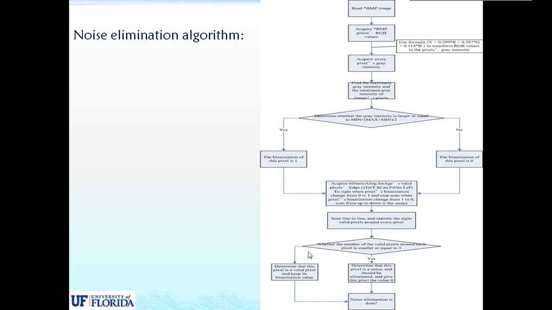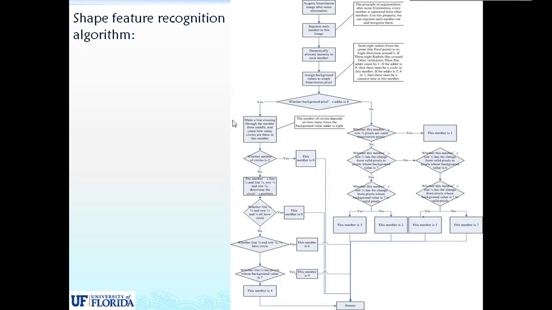If this condition is not satisfied, we determine this pixel is a valid pixel and keep its binarization value. After this process, we finish the noise elimination procedure. And next, we should see the recognition procedure. So let's see my shape feature recognition algorithm.